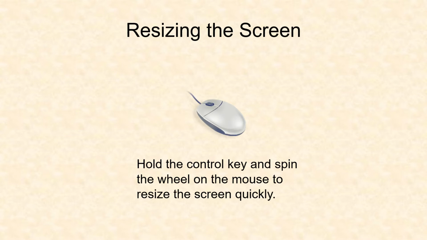This will allow you to very quickly zoom the display to make it larger or smaller, without having to look for any tools within software or apps, or without having to adjust any settings in the device.